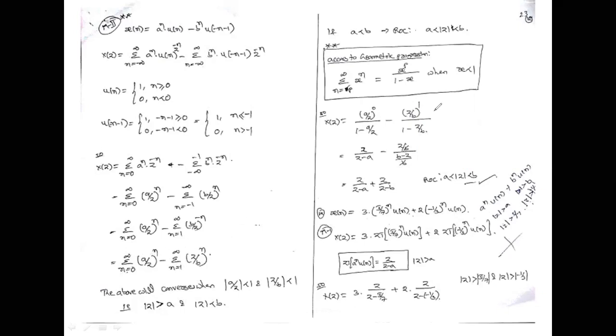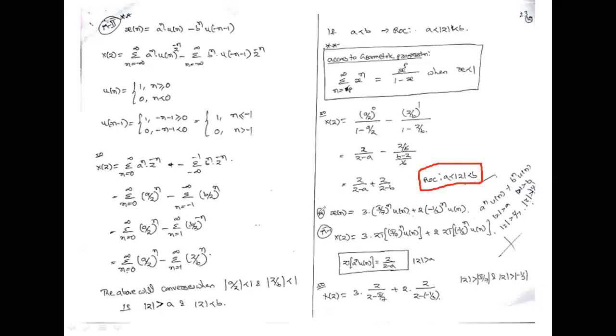Both the n2 is infinity. The numerator is a 0, 1 by 1 minus a by z here. And here also the a is there, 1 by 1 minus z by b. Simplify this one. Again, we will get the same thing, z by z minus a plus z by z minus b, with an ROC of a is less than z and less than b.